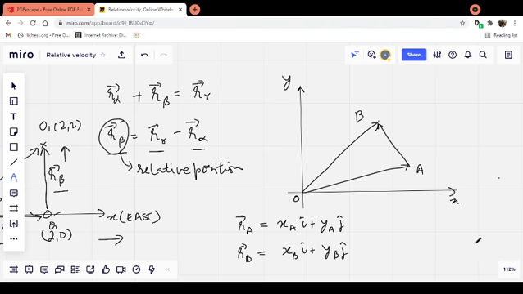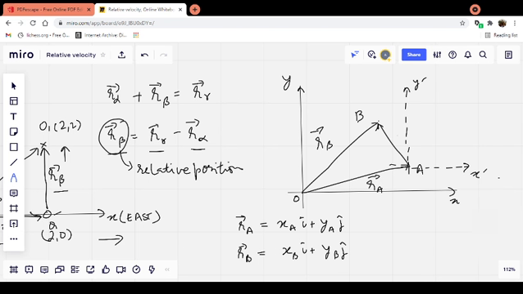So we have connected A and B. The position of point A is some RA vector and the position of point B is some RB vector. So what would be the vector which is joining from A to B? And let us say if I am taking a frame of reference which is fixed to A. So this is my new frame of reference. Let me mark it as some X dash Y dash. This is my new frame of reference, and I want to observe B in this frame of reference. Then what I would do is that I would start drawing the vector from the point A and it would end at point B.